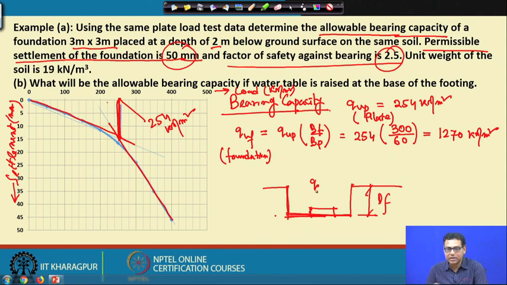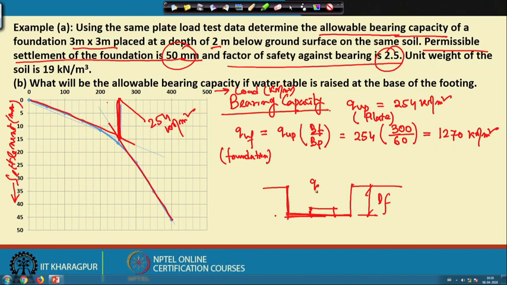So, this surcharge term, second term effect, we are not getting from the plate load test data, but in the real field you will get the resistance for the second term of the surcharge also. So, that means indirectly I can calculate that value also.